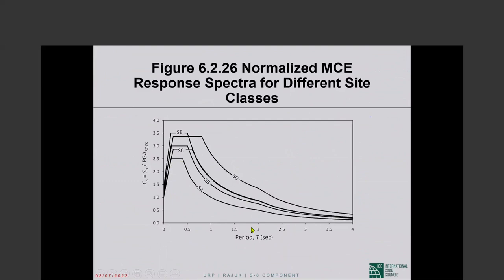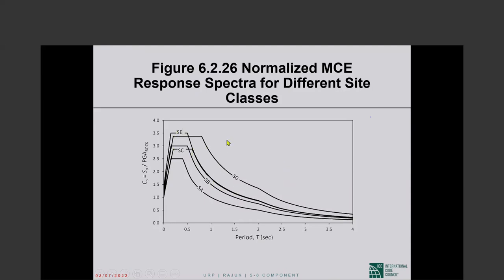Okay, so if you construct the spectra for different types of soils, this is what the spectra look like. Okay, so this is S sub A, this is S sub B, this is S sub C, then S sub D, and then S sub E.